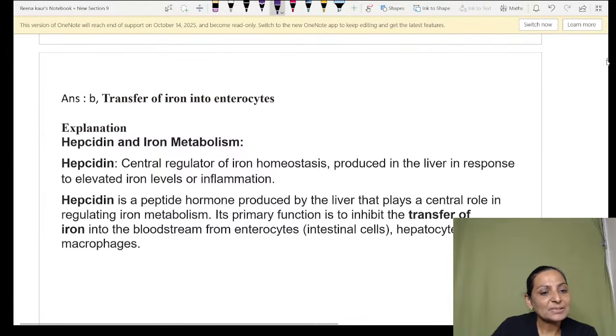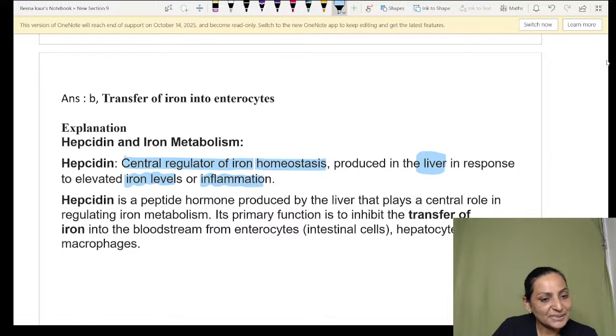Now see, what is hepcidin basically? Hepcidin is a central regulator of iron homeostasis. It is produced in the liver whenever there is an increase in the level of iron or when there is inflammation.